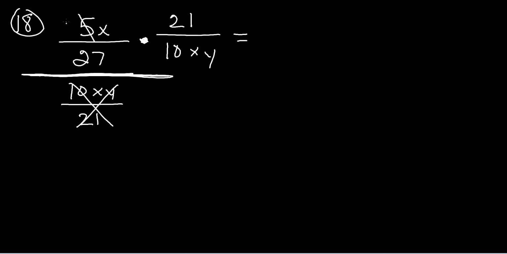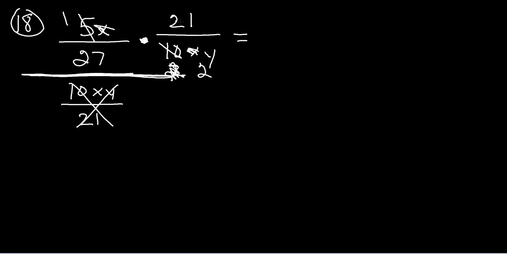So what have I got? 5 goes into 5 once, 5 goes into 10 twice. I see an x here that I can scratch off with an x here. There's cancel. And then I've got a 21 and a, well, this was a 2, so got to be careful. That's a 2, not here. All right, what else have I got?